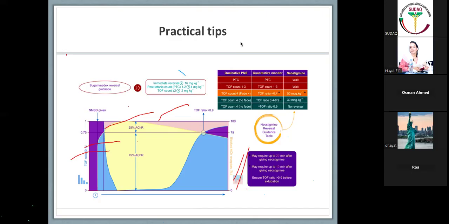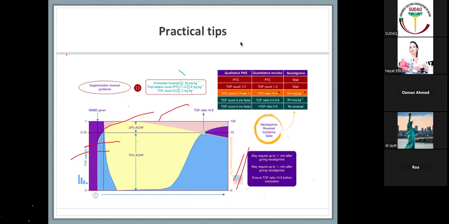Residual block is something very distressing. I think no anesthetist wants that to happen to any of their patients. It is very detrimental, so you have to manage accordingly. You need objective measures of whether the patient is still under the effects of muscle relaxants.